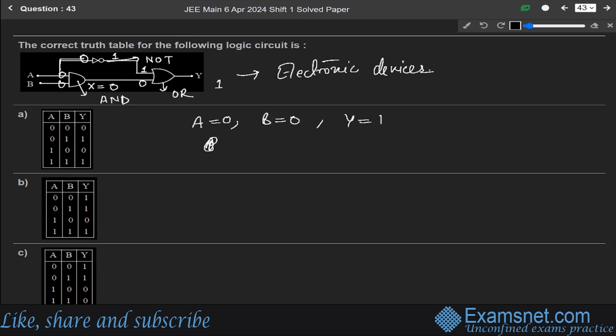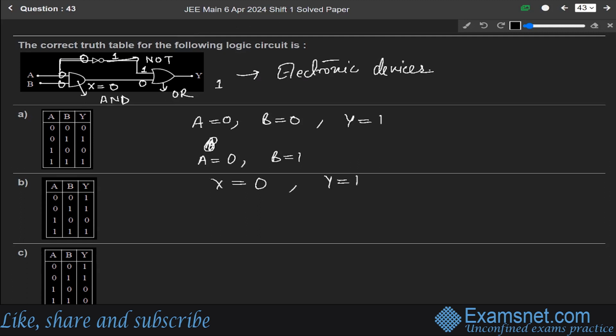Now let us say we have put A equal to 0 and B equal to 1. For this, X will become 0 and 1. X will become 0 since it is a NAND gate. And if this is 0, here it is 1. So 1 and 0, again Y will be 1.